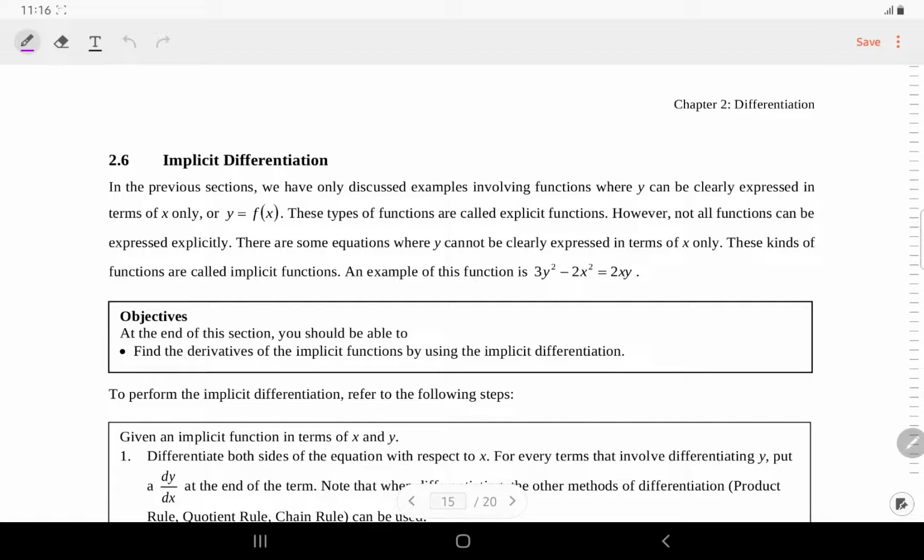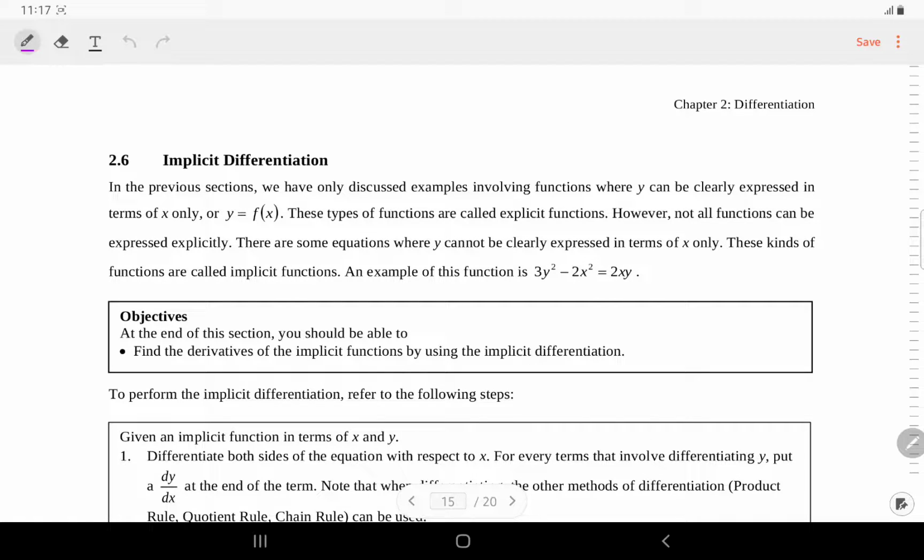An example of implicit differentiation is an expression like this. We have here 3y square minus 2x square equals 2xy. So this is an example of implicit differentiation, where we can see here y cannot be clearly expressed in terms of x only.